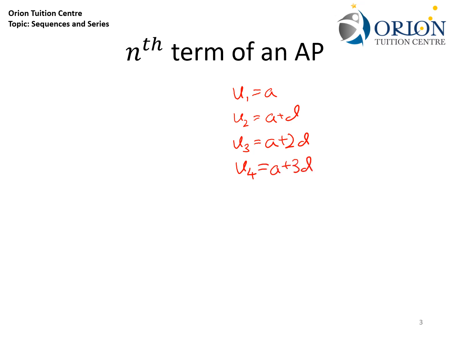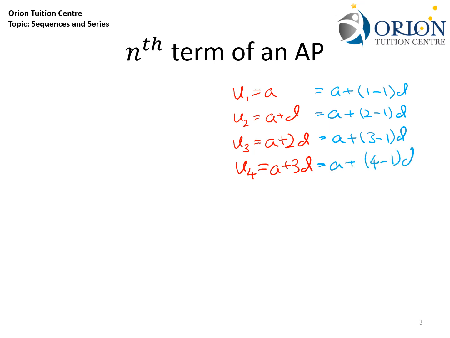And if we rewrite all of these terms, we will get a plus (1 minus 1)d, a plus (2 minus 1)d, a plus (3 minus 1)d, a plus (4 minus 1)d.